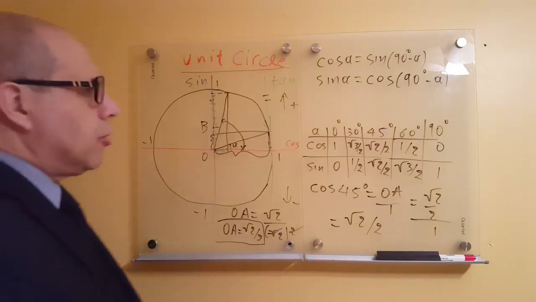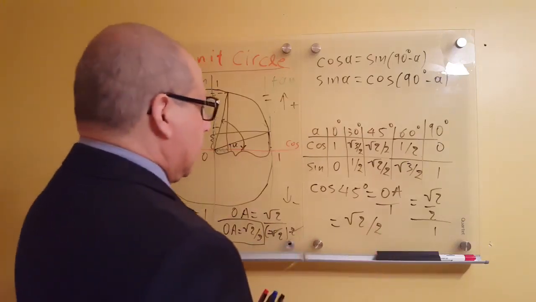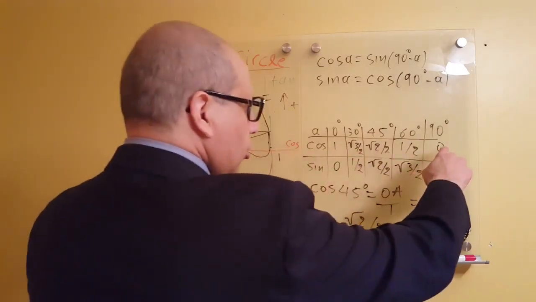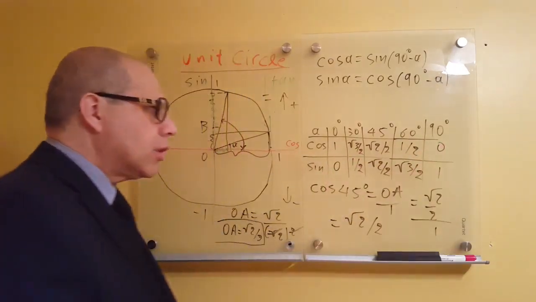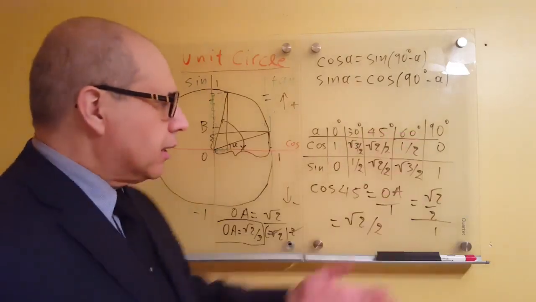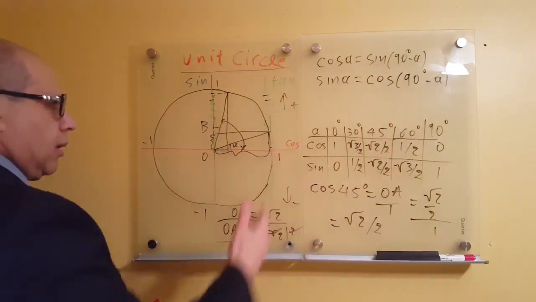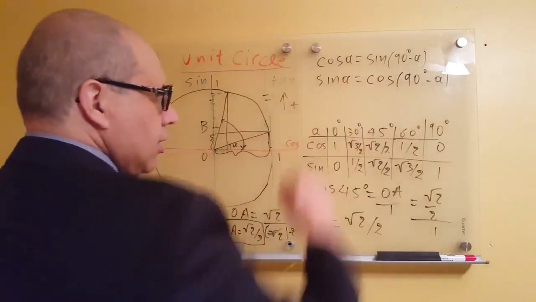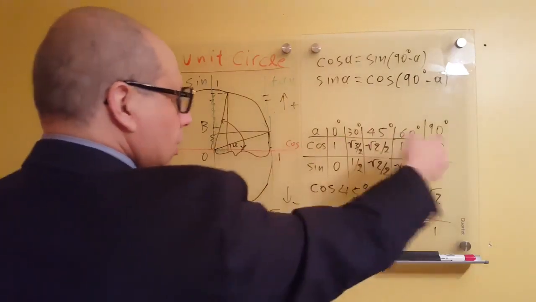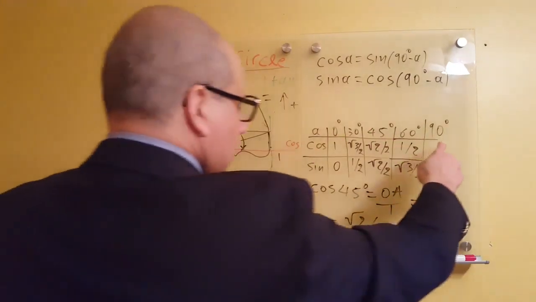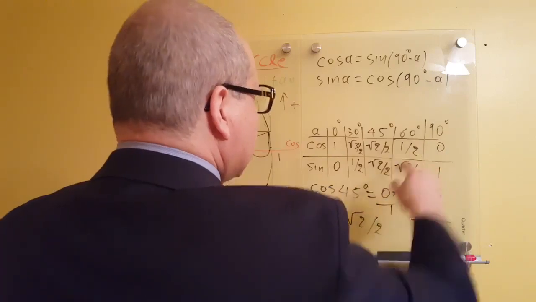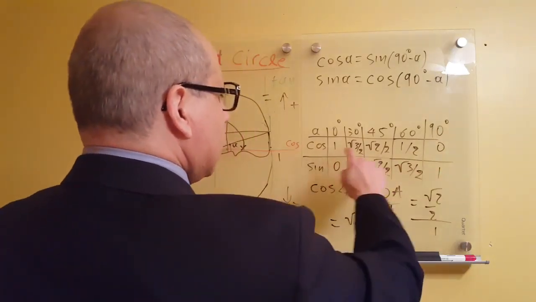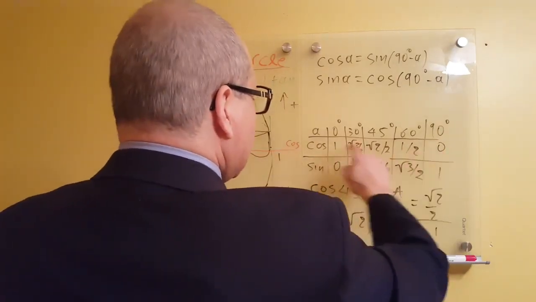Of course, even if we didn't know the cos and sine of 90 degrees, you can get them using this, because 0 and 90 sum up to 90, so they interchange cos and sine. So this goes here and this goes here.